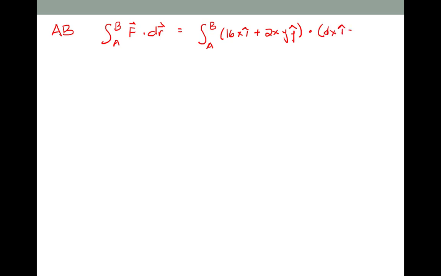Now let's go look at the direct path from A to B. For this one, I have to be a little bit careful. Okay. So this will equal the integral from A to B of 16x i hat plus 2xy j hat, dotted with my dr, which is going to be dx i hat plus dy j hat.